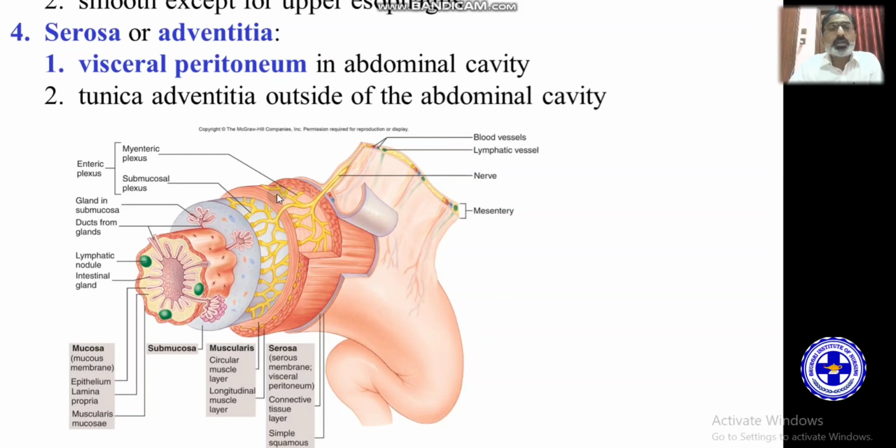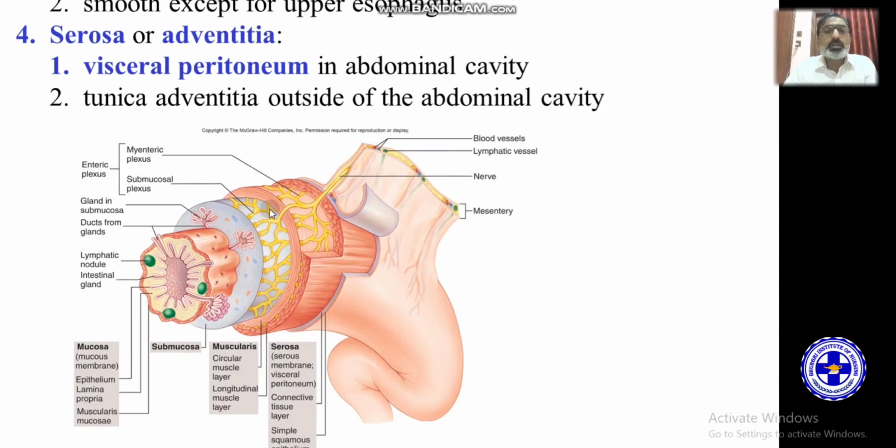One is outer, called the myenteric plexus, which is present in between the two layers of muscle. So in all of the gut there are two nerve plexuses. One is the outer myenteric, also called Auerbach's plexus, and the next one is the inner submucosal plexus. Both combined are called the enteric nerve plexus, or enteric nervous system.